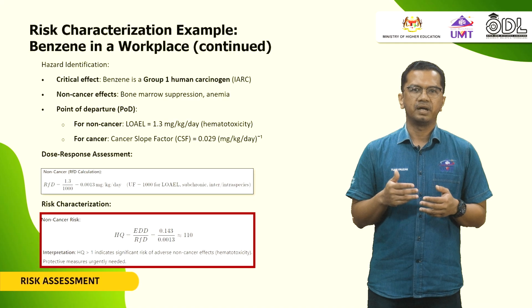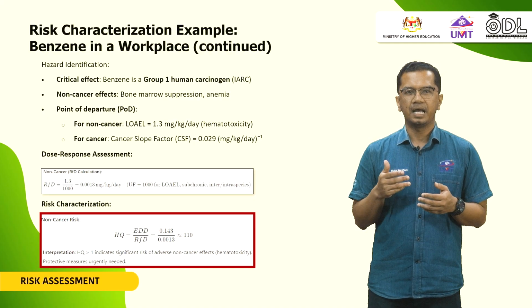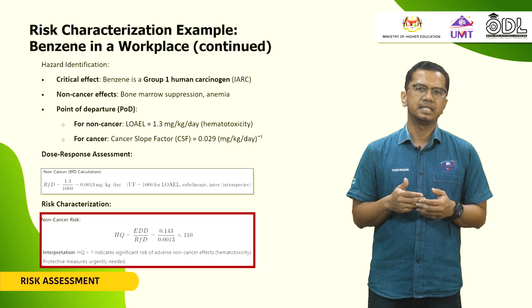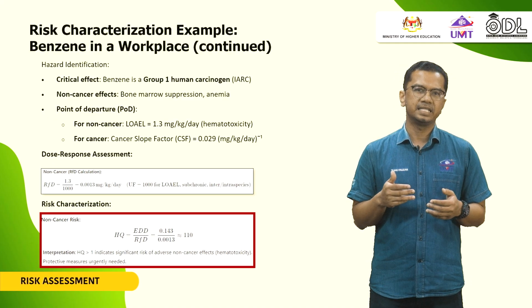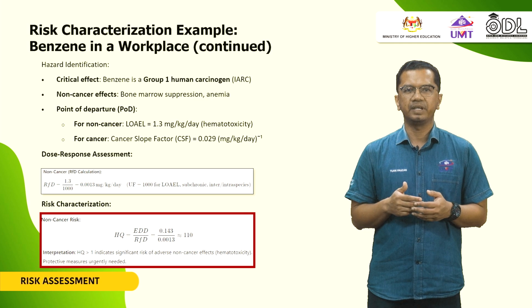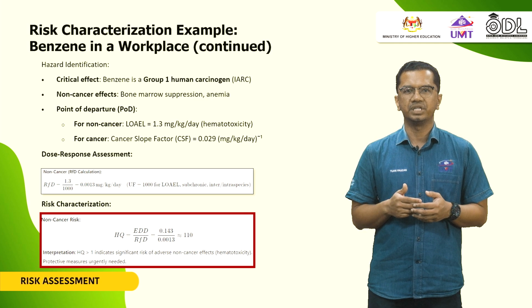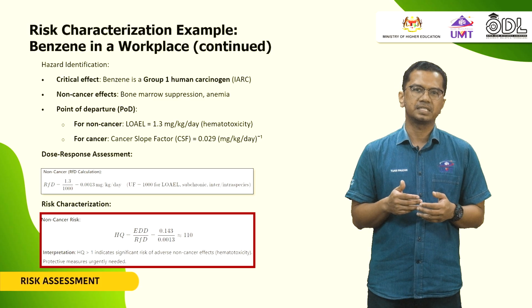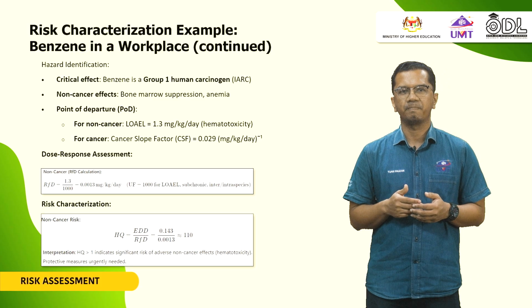An HQ of 110 means the worker's exposure is 110 times higher than the deemed safe level. This is not a minor exceedance. It indicates a significant risk of blood disorders. The conclusion is clear and urgent. Immediate protective measures are absolutely necessary to reduce exposure.